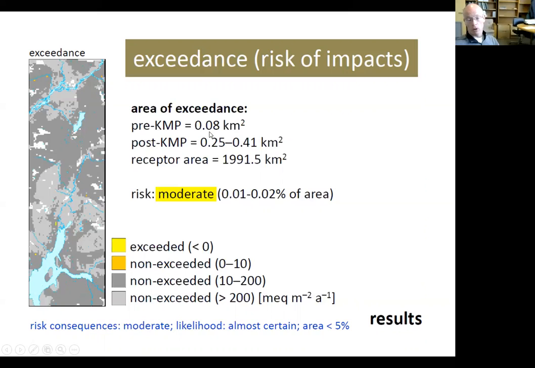So before the upgrade, we predicted 0.08 square kilometers were exceeded. This would increase to 0.4 square kilometers. And our total receptor area was almost 2,000 square kilometers. So a very, very small area, extremely small, but we are pretty sure that it would be exceeded in that small area.